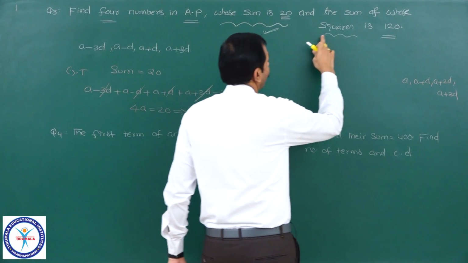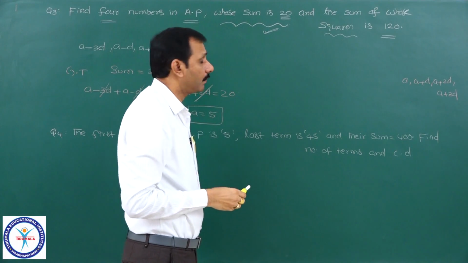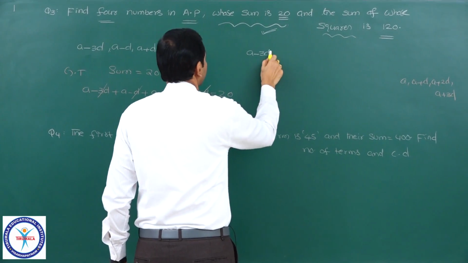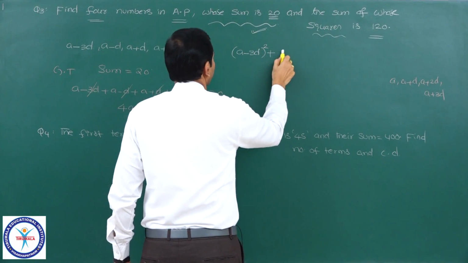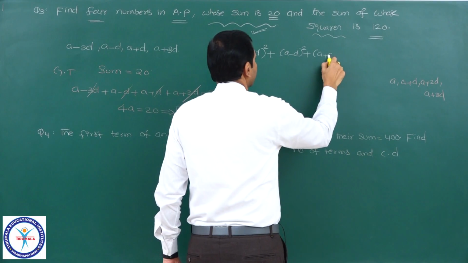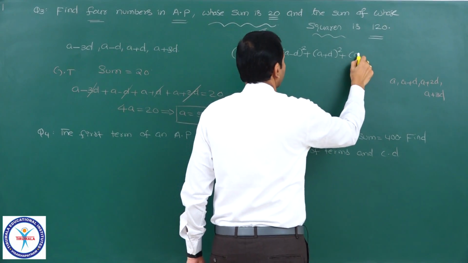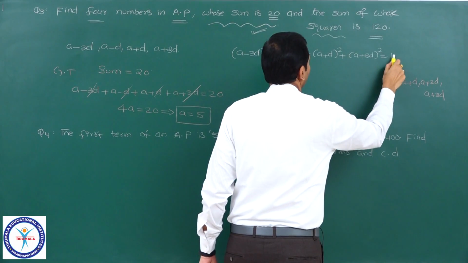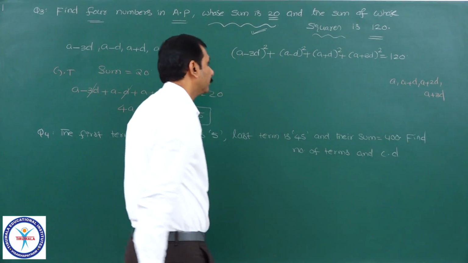And the sum of whose squares is given, 120. Sum of squares means (a − 3d)² + (a − d)² + (a + d)² + (a + 3d)² = 120, given.